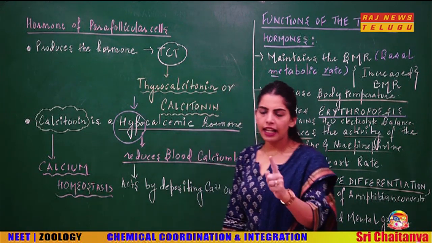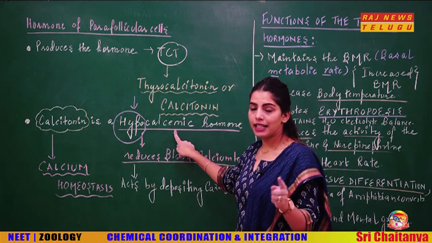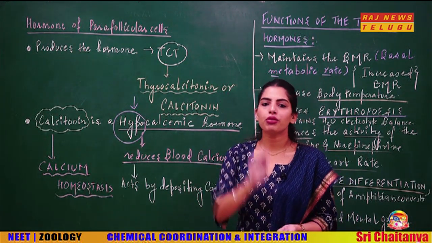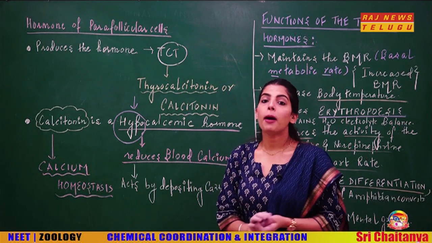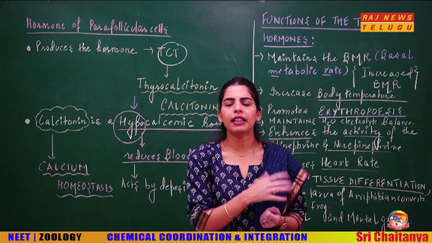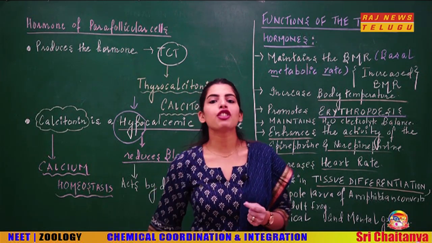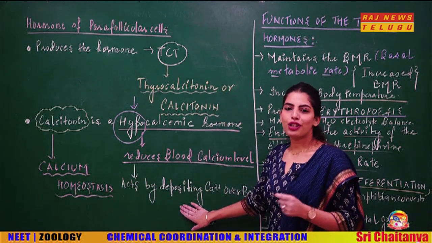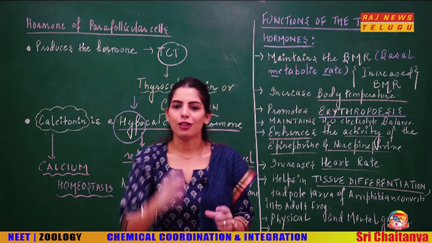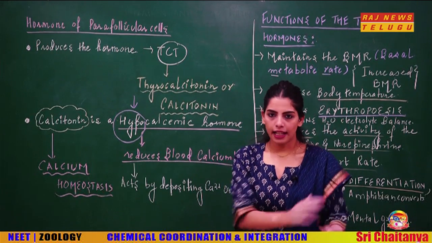So when I say hypocalcemic hormone, calcemic is related with calcium and hypo means reduced, so it causes a decreased level of blood calcium. When it takes up the blood calcium, where is it sending this calcium? It is sending that calcium into the bones. So it acts on the bones and deposits that calcium, hence reducing the blood calcium level.